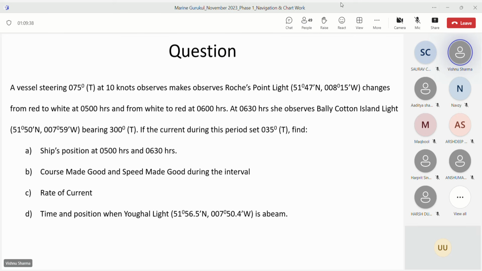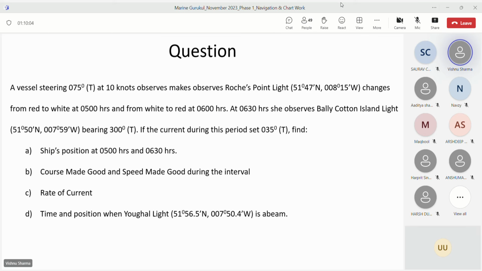Now you see, guys, we have only 3 things given in the question: CTS, engine speed, and set of the current, 035. And these positions are not meeting at one point. Why? Because 2 PLs are from Roche's point, another is from Belly Cotton. And since 2 are already meeting at Roche's, now all 3 cannot meet at one point anymore.